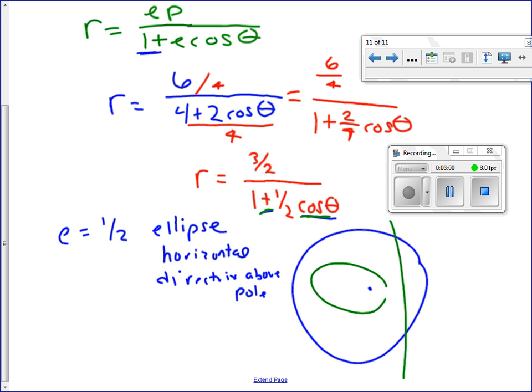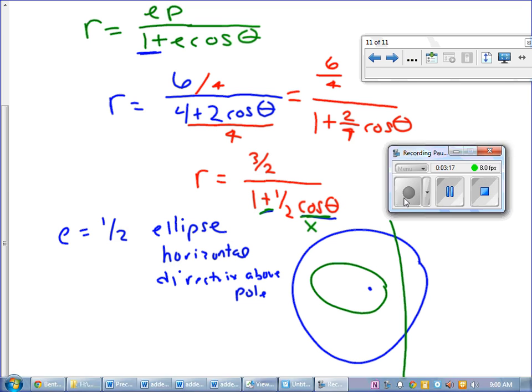And there's my ellipse. My directrix is to the right because of plus cosine. Cosine's in the x direction. So positive, I go in the positive x direction to get to my directrix. So my ellipse looks something like that. And I need to change not above. My directrix is to the right of the pole.